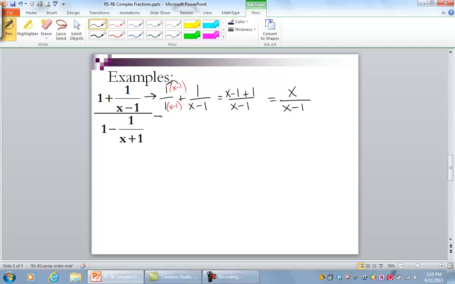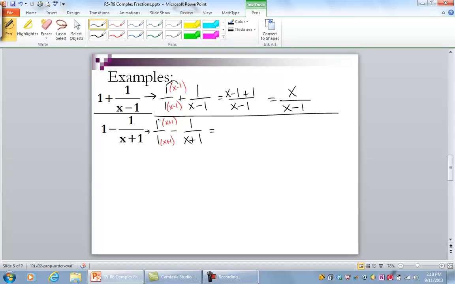So now we're going to do the same thing with the denominator. Again, it's still 1 over 1 minus 1 over x plus 1. So this is very similar. Again, we need our denominator to be x plus 1, so we got x plus 1 top and bottom.